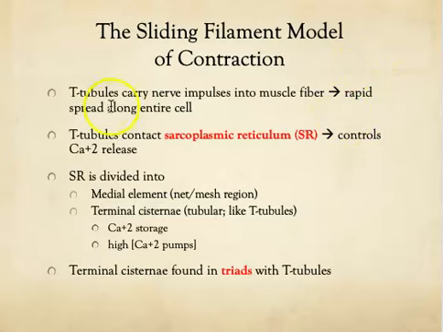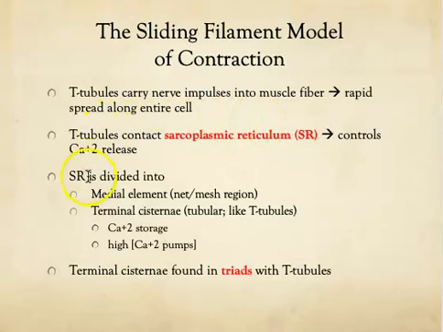The T-tubules are going to contact, remember, those terminal cisternae. And remember, those terminal cisternae are full of calcium. It's the action potential traveling down the T-tubule that triggers the release of the calcium from the terminal cisterna.